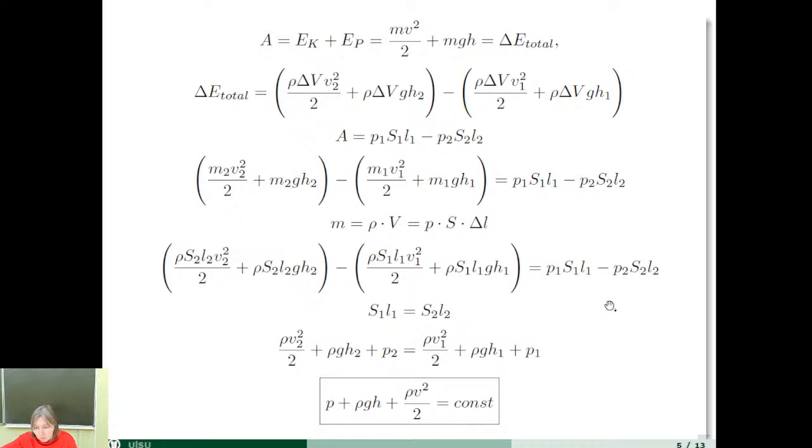Look at this equation and divide it by the expression S1 L1 is equal to S2 L2.